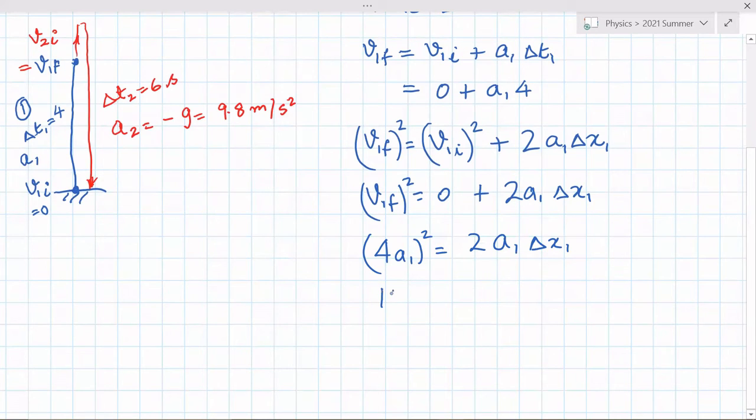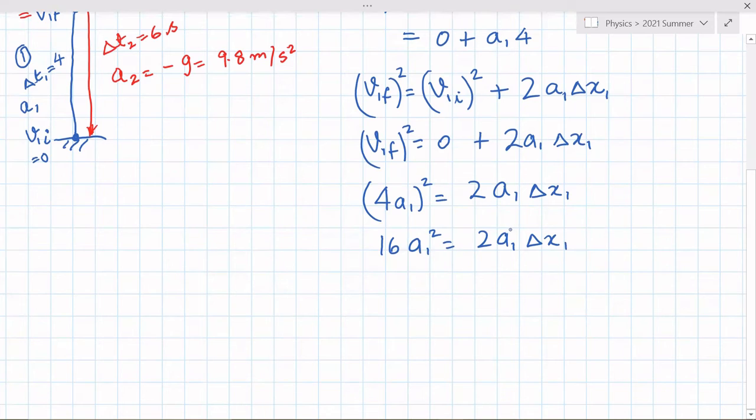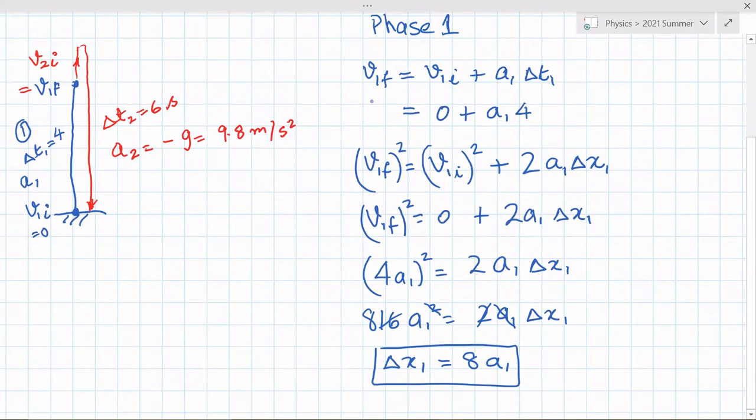And that becomes 16 A1 squared equals 2A1 delta x1, or one of these A1 goes away. This becomes 8. So delta x1 is 8A1. We got that.